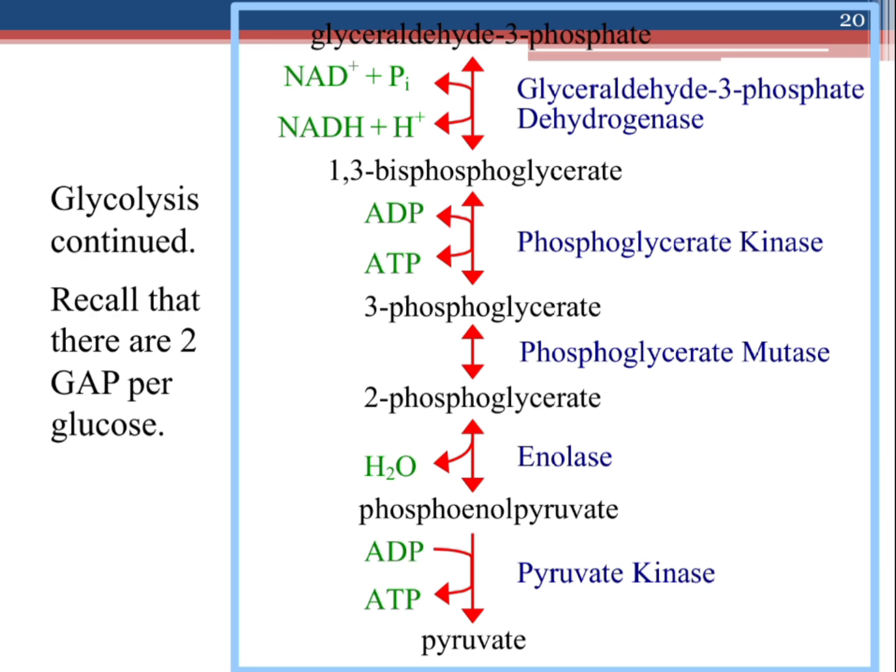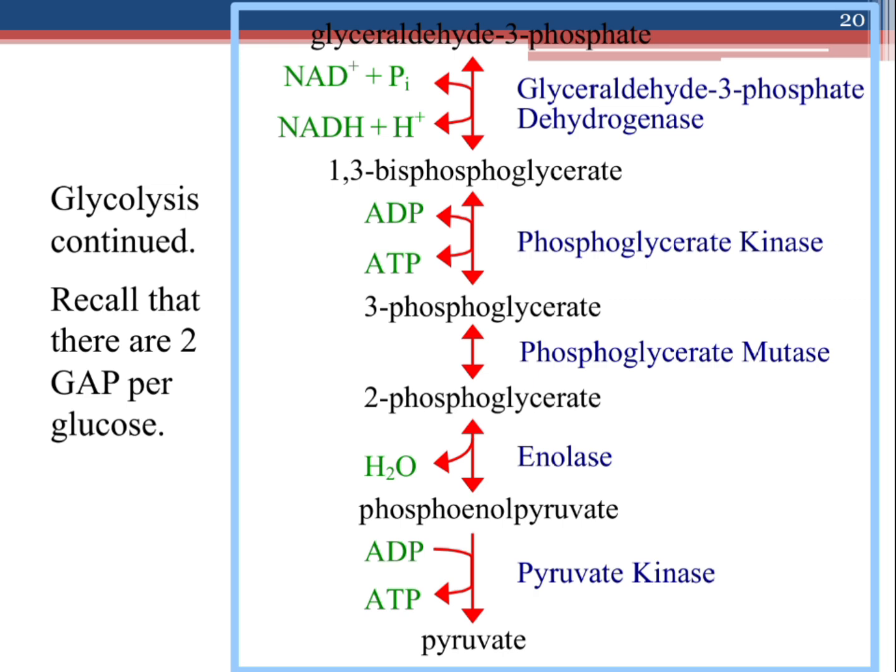That removal of protons, and at the same time addition of an inorganic phosphate, gives us 1,3-bisphosphoglycerate, or in some books 1,3-bisphosphoglyceric acid. This molecule is a 3-carbon molecule with the first phosphate on the first carbon atom and the second phosphate on the third carbon atom.